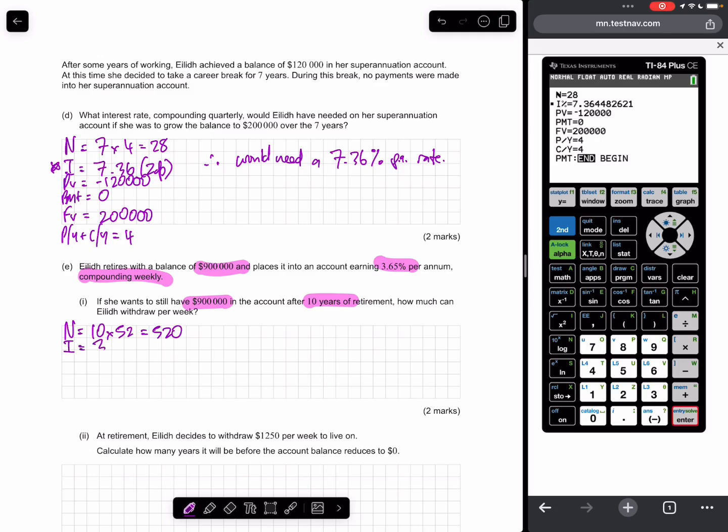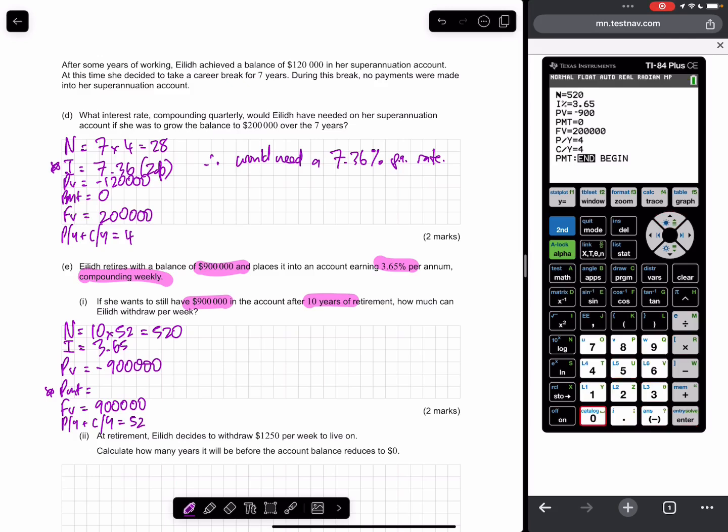The interest rate is 3.65. PV started off at 900,000. We're trying to work out what can be withdrawn. We want the final value to remain the same, so no change, and PY and CY are both weekly, 52. 10 times 52, 3.65.